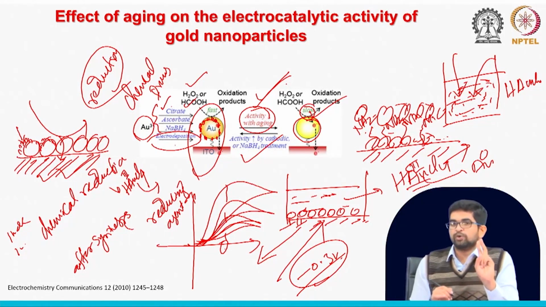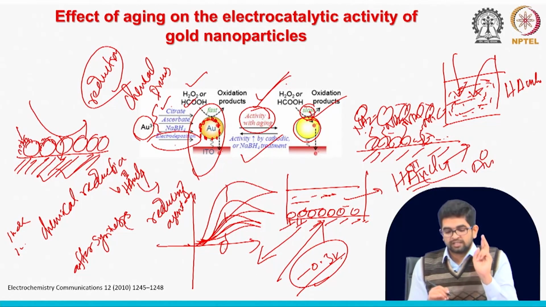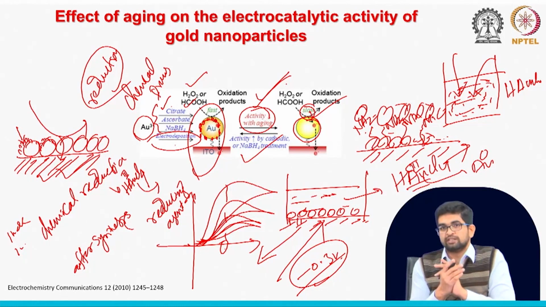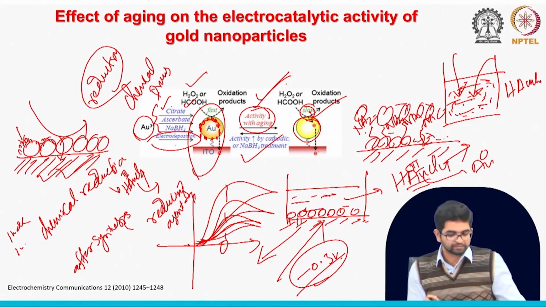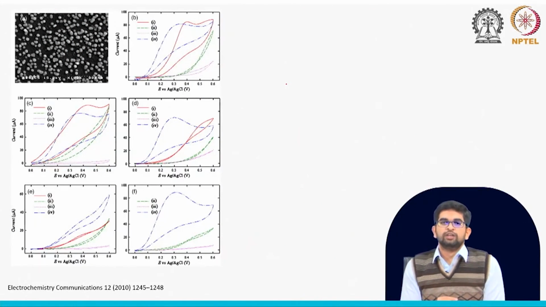So two reasons are possible: one is surface reconstruction and another is contamination. So how you are storing the electrode is also very, very important. If you keep it just in open air in a dirty environment, that is not the ideal case to keep the high catalytic activity of the electrode surface. It can decrease. I will show you the example now.